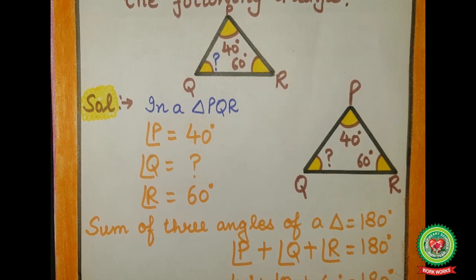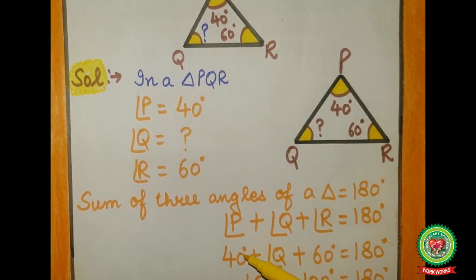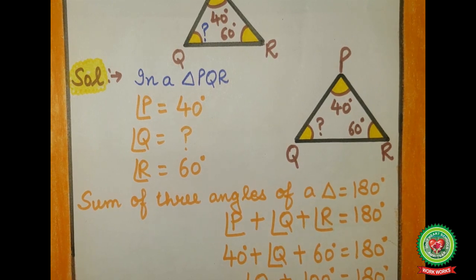Now let's write down the values of angle P, angle Q and angle R. What is the value of angle P? Angle P is equals to 40 degree. So below angle P write down 40 degree. Under plus sign will come. What is the value of angle Q? Angle Q is not given. That means what I will write below angle Q?